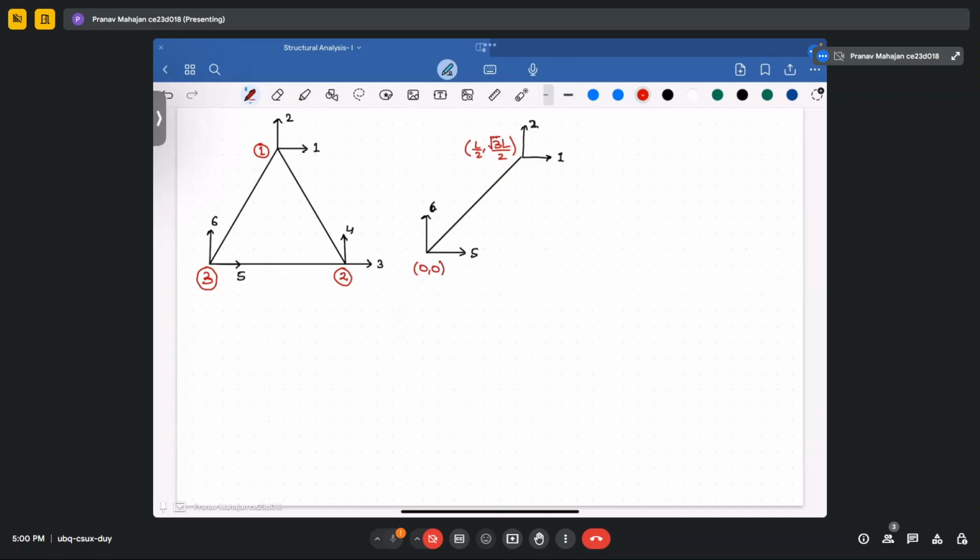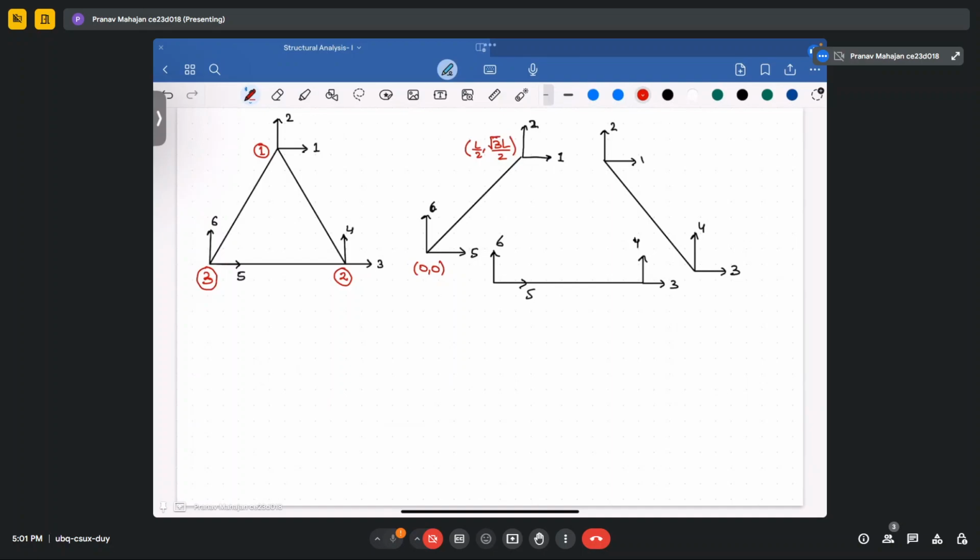Okay. Similarly, for the other member, you can write it as, now this is your 4, this is 3, this is 5, this is 6.